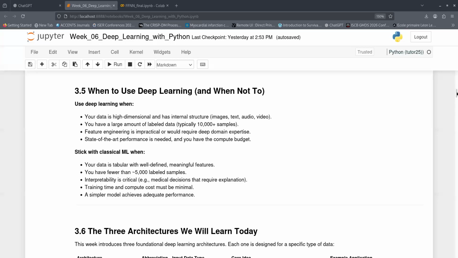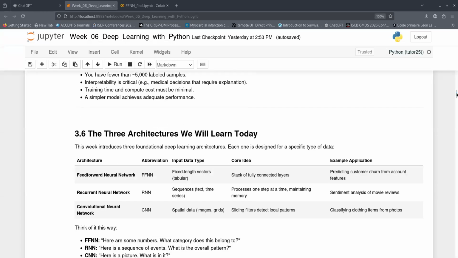So we are going to learn three architectures. We introduce three fundamental deep learning architectures. Each one is designed for a specific type of data. First, the feed-forward neural network, abbreviated FFNN. The input data type here is fixed-length vectors, like tabular data.